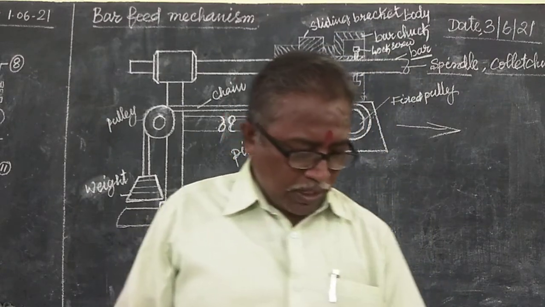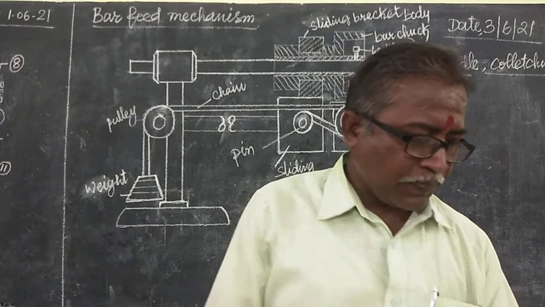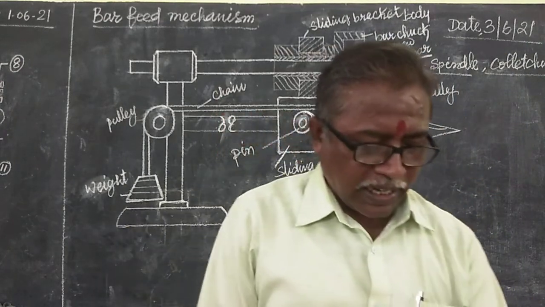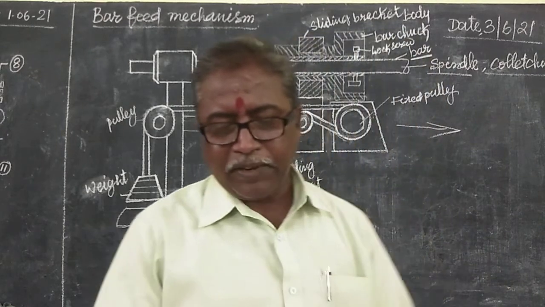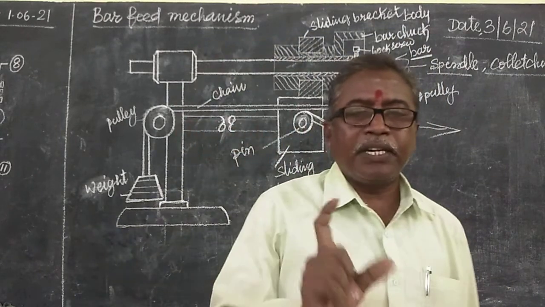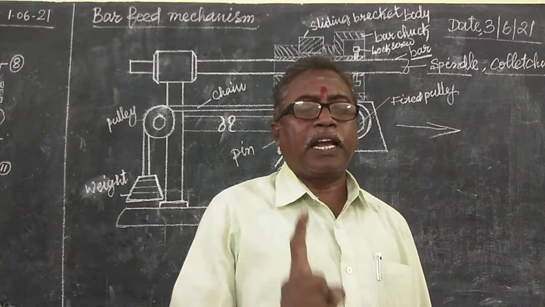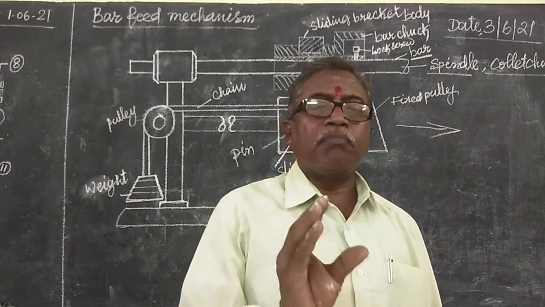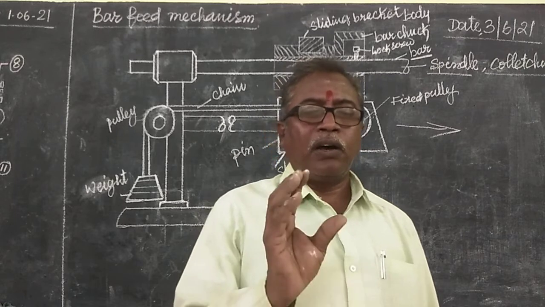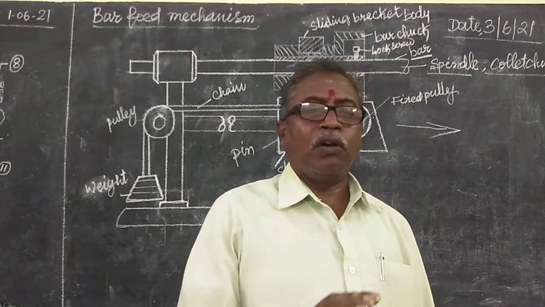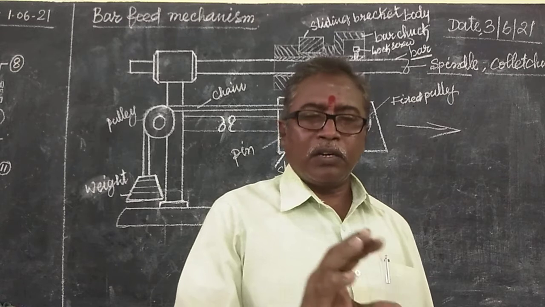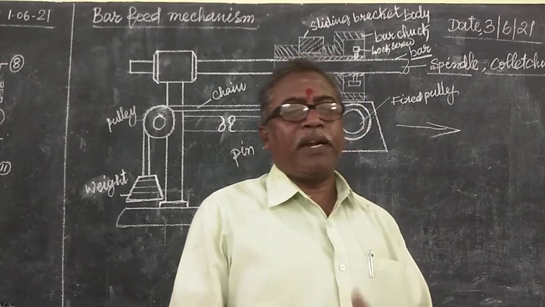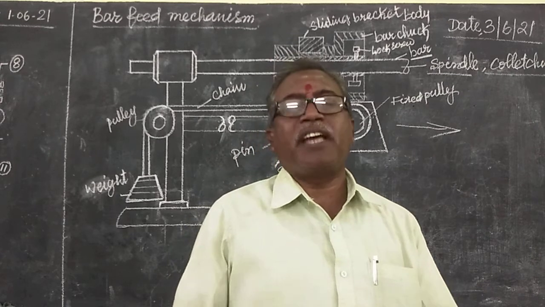Next we are going to discuss another topic, the types of turret head. Why is the turret head given? Once again, why is the turret head given? The turret head is given to hold a number of tools, maybe 6 or 8 or 5, depending upon the design.